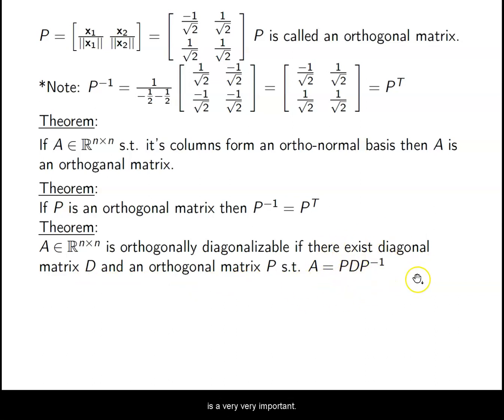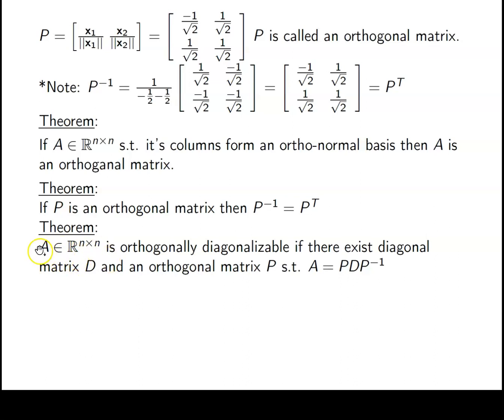This is a very, very important result, okay? This is used in quantum mechanics. I know I refer to quantum mechanics a lot, but that's one of the main uses of linear algebra, to make quantum mechanics a lot easier to understand, but it's used in a lot of places, okay? So this PDP inverse decomposition is super important. It's also known as a spectral decomposition, but we're going to call it the PDP inverse for right now.